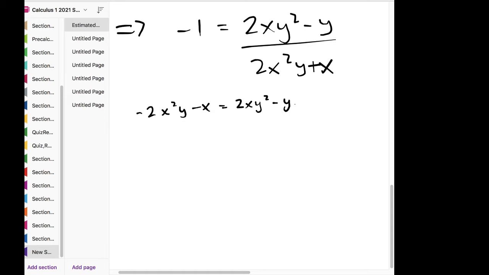Because the big thing is these squared terms always pose a problem, right? You can't just set y equals or x equals. So a good strategy is to just set all things on one side. So let's do that. So 2x squared y and 2xy squared plus x minus y.